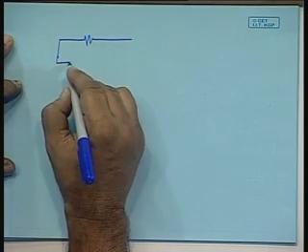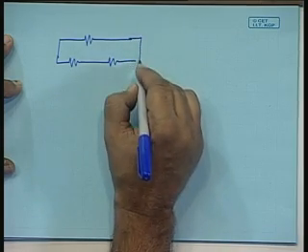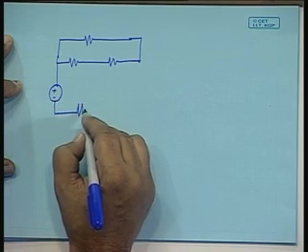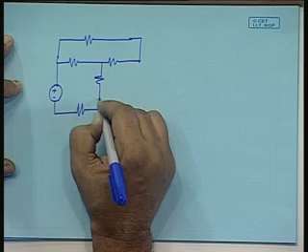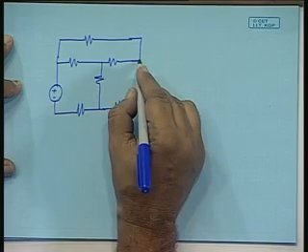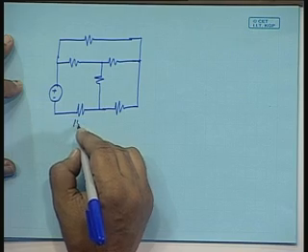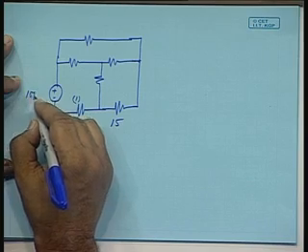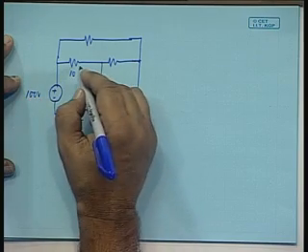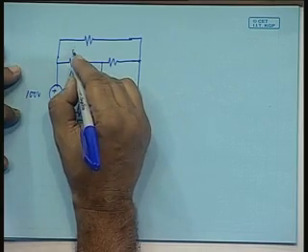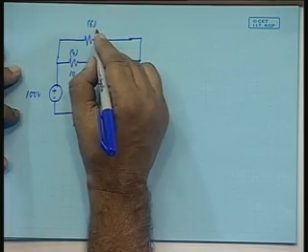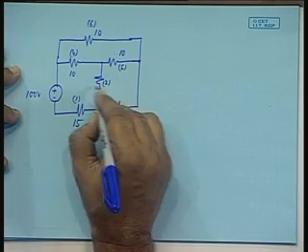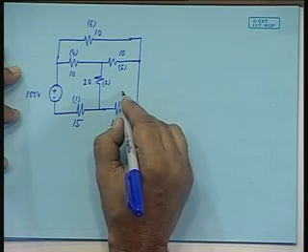Let us have a circuit like this. This is 15 ohms, this is 15 ohms, this is element number 1, this is 100 volts, this is 10 ohms, this is element number 4, element number 6, this is also 10 ohms, this is also 10 ohms, this is element number 5, this is element number 2, value 20 ohms and this is element number 3.